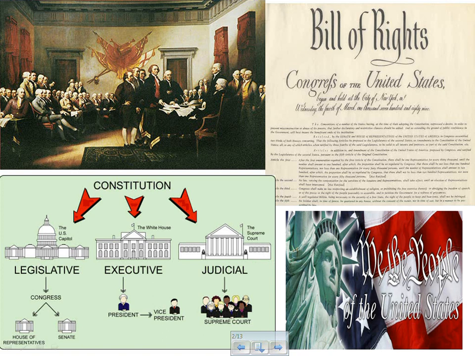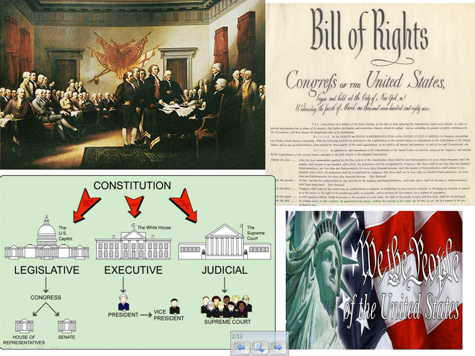Of course, we see those rights given in the Bill of Rights and all the constitutional amendments that have been added throughout the years of the United States. So these become some important groundbreaking moments for the United States and arguably the world.